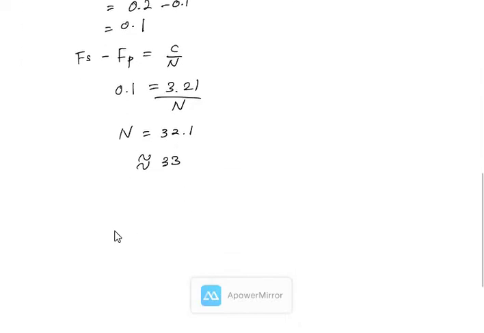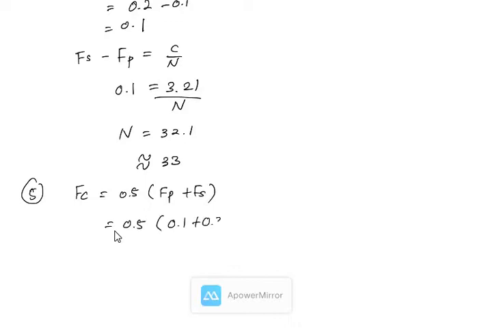And then the fifth step is the low pass prototype cutoff frequency. Fc equal to 0.5 multiplied by Fp plus Fs. So that is 0.5 multiplied with 0.1 plus 0.2. So I obtain 0.15.